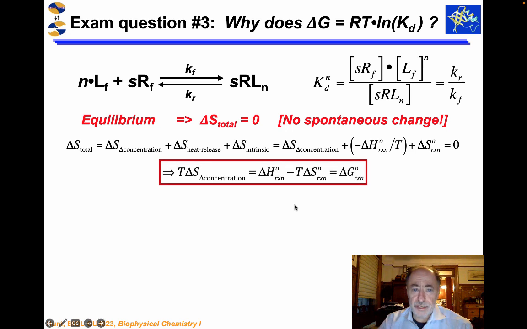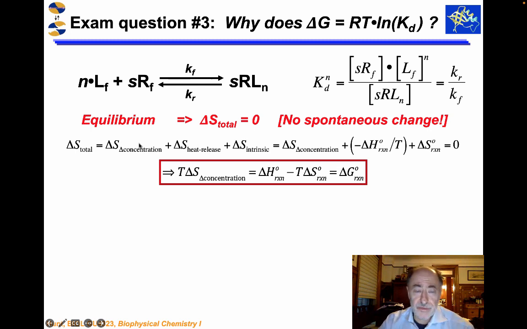Right, and so now this becomes fairly trivial algebra. We're going to multiply by absolute temperature, the main reason being to get the temperature out of the denominator. That will give us T delta S concentration, and then we move this to the other side of the equation, so negative delta H moves over and becomes positive delta H0, and multiplying the other term by T and moving it over gives negative T delta S0.